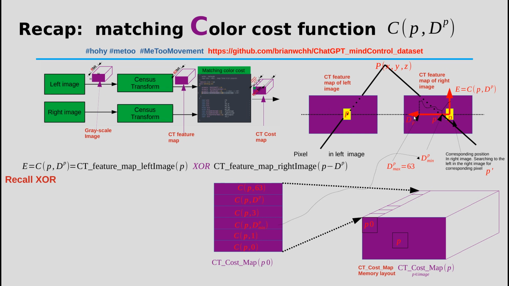We are searching for 64 candidates, right? After we search the 64 candidates, we will have this sensor transform cost map, and it has 64 candidates, and each candidate has a bit width.